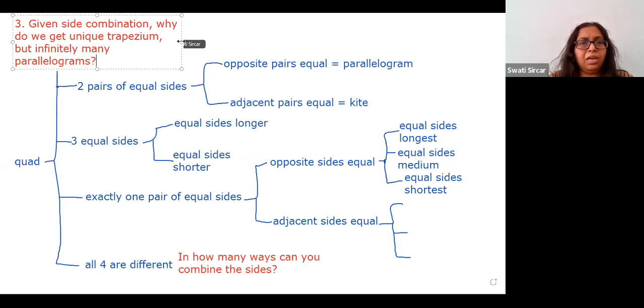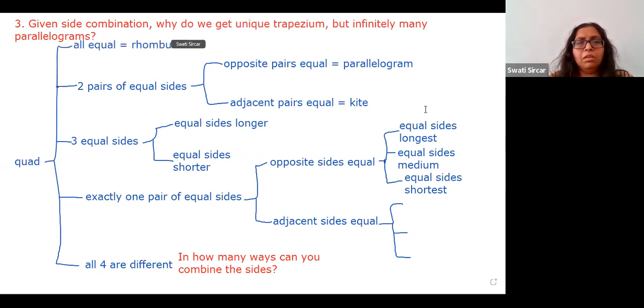I mean, this is a bit counterintuitive because you need more conditions to be a parallelogram. You need fewer conditions for a trapezium. So what exactly is happening?